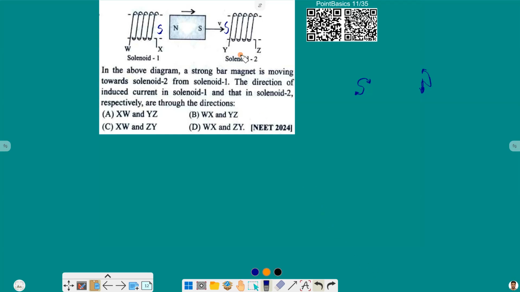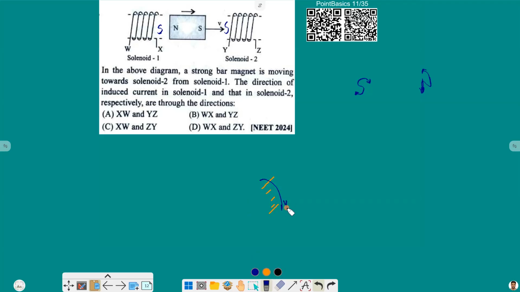So now if I try to draw this solenoid in the cross-sectional form, then this is our internal part or the solid part of the solenoid. And we have a winding here, winding such that Y is here.